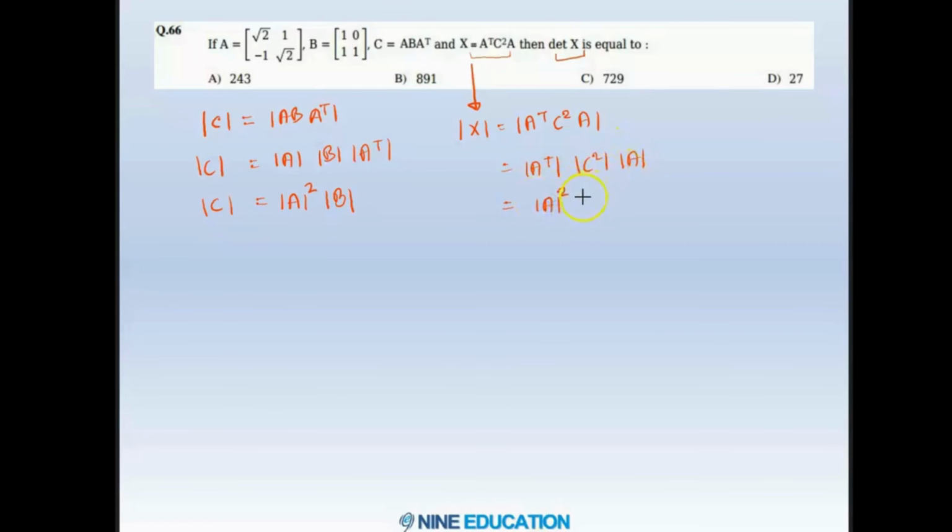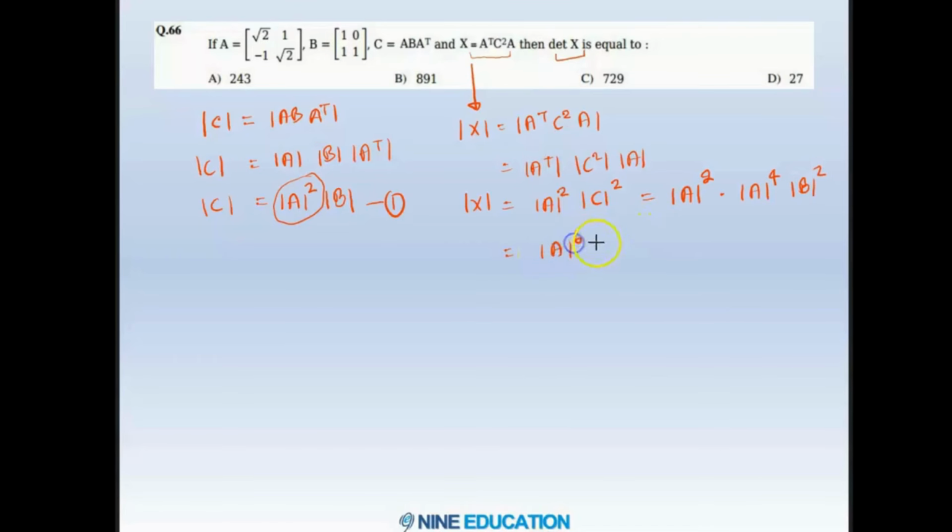So we have got the determinant of X. Now what we need to do, in place of determinant of C, I can use this value from the first equation, determinant of A square, then this will be determinant of A power 4, and then determinant of B square as well. Alright, so this is going to be determinant of A power 6, determinant of B square.